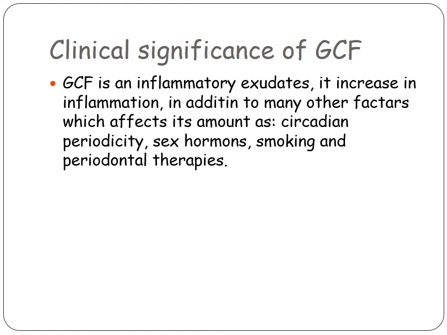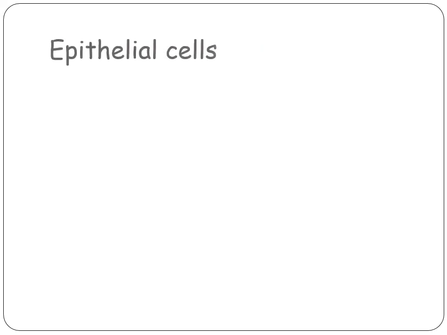What is the clinical significance of the gingival crevicular fluid? As we said, it is an inflammatory exudate, so it increases in inflammation, in addition to many other factors which affect its amount, such as circadian periodicity, I mean day and night, sex hormones between male and female, smoking, which is a very effective factor on the gingival crevicular fluid, and therapies.